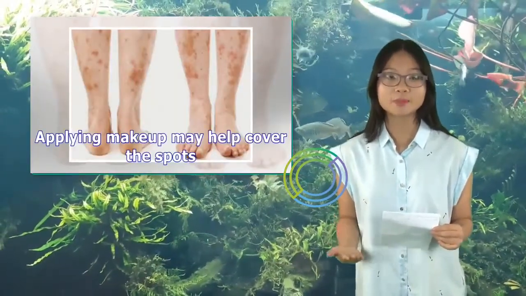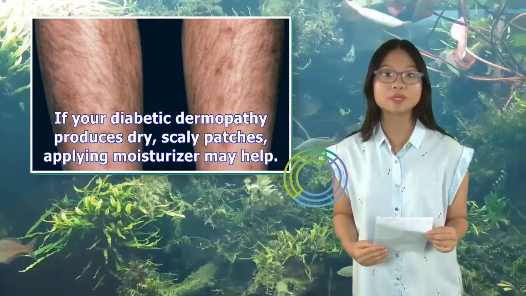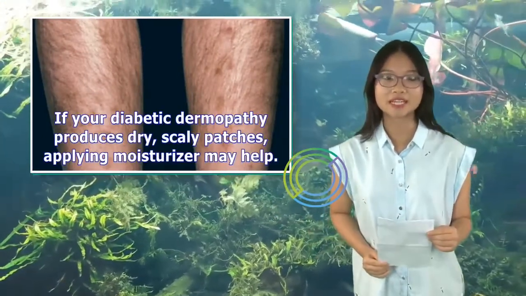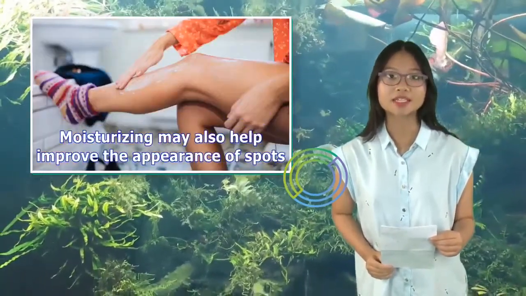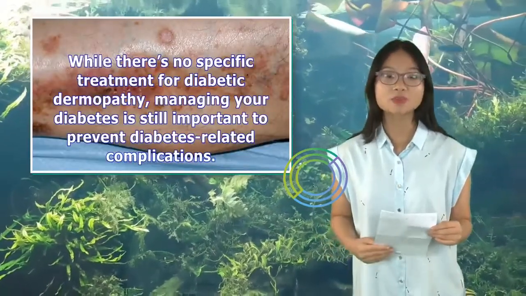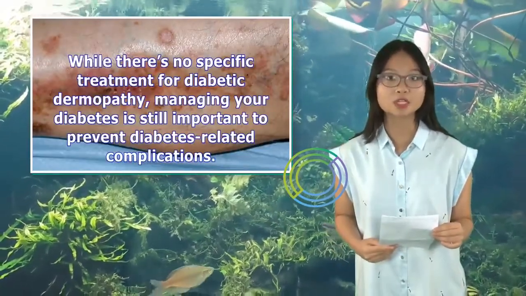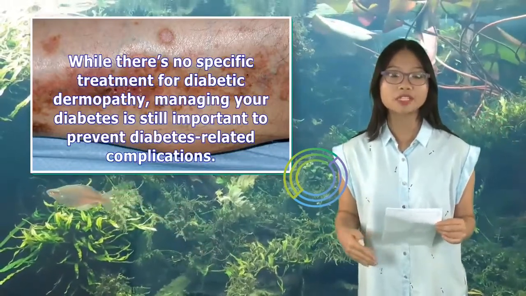Applying makeup may help cover the spots. If your diabetic dermopathy produces dry, scaly patches, applying moisturizer may help. Moisturizing may also help improve the appearance of spots. While there's no specific treatment for diabetic dermopathy, managing your diabetes is still important to prevent diabetes-related complications.